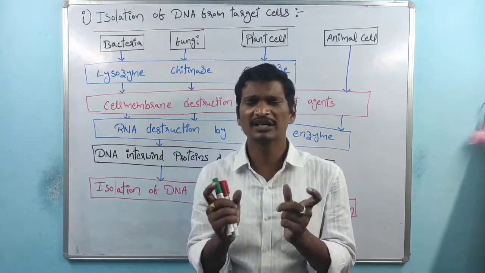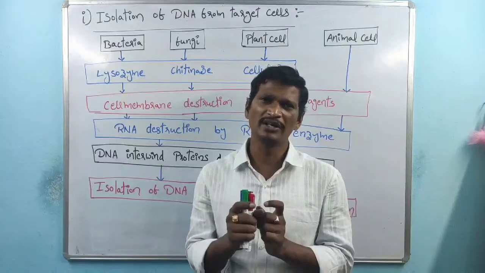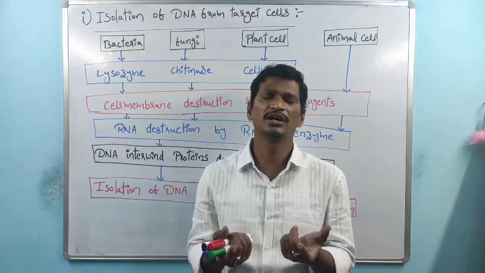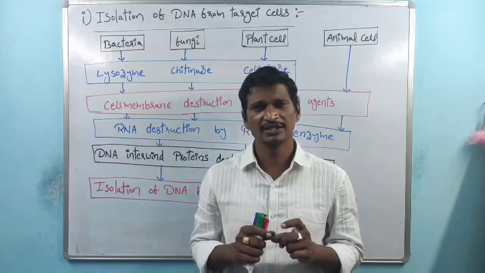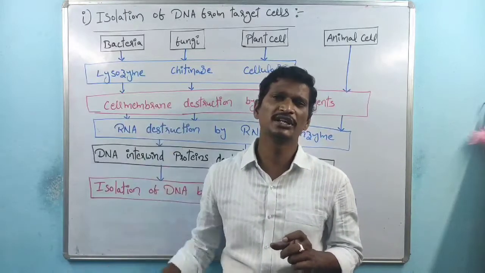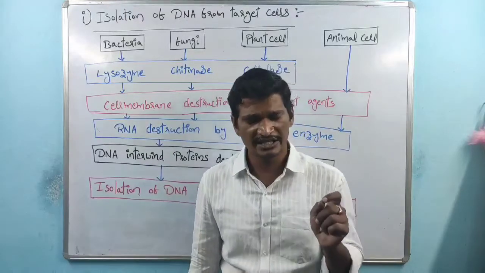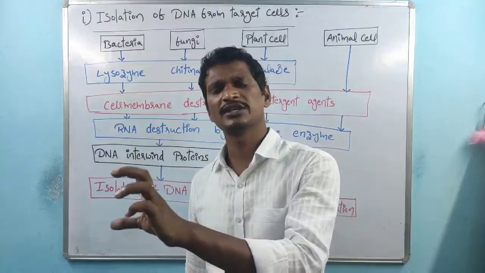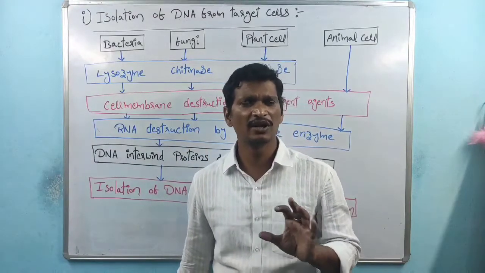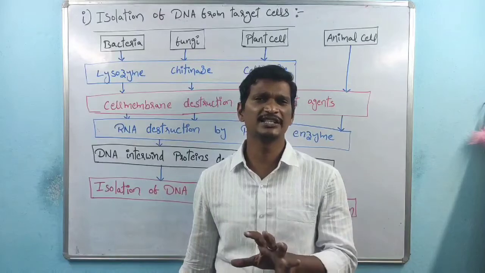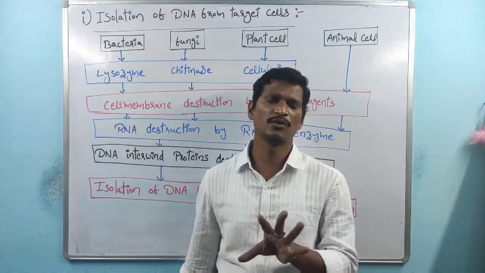So to avoid that complication, to avoid breaking down of the genetic material, the DNA, we simply choose the enzymatic method. In the enzymatic method, only cell walls are destroyed. The DNA will not be destroyed because these enzymes act on the cell walls.